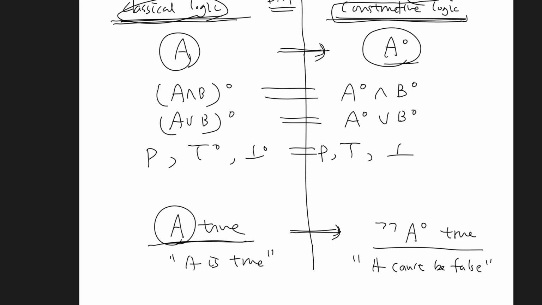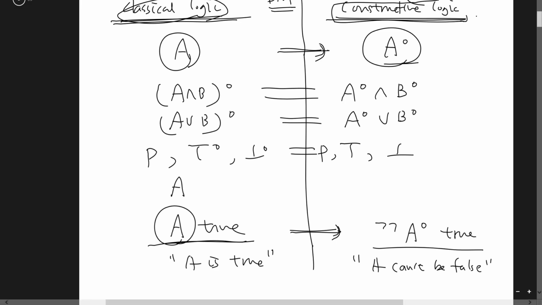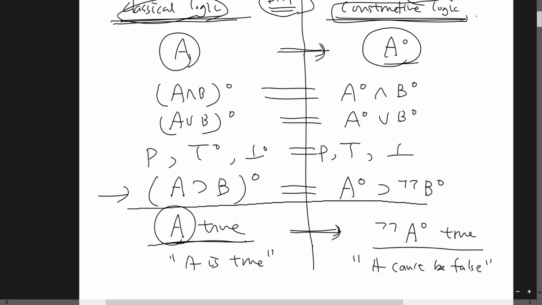The only exception is implication. The translation of A implies B is A circle implies double negation B circle. It turns out that the key idea in this double negation translation is found in the translation of this implication.